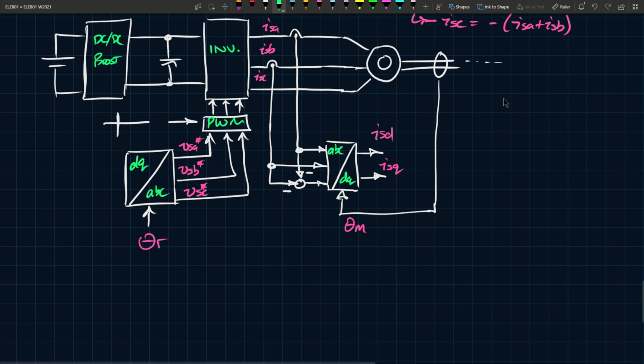So let's imagine this is a triangular carrier at some fixed frequency. And then coming into this DQ to ABC frame are VSD star and VSQ star, which come from your control loop. So ISD and ISQ would go to your control loop, and then VSD and VSQ star would come back from your control loop.